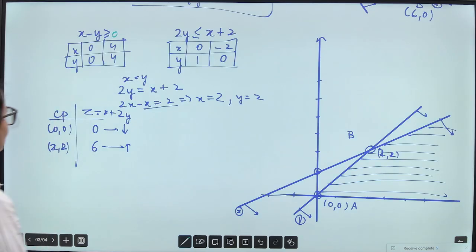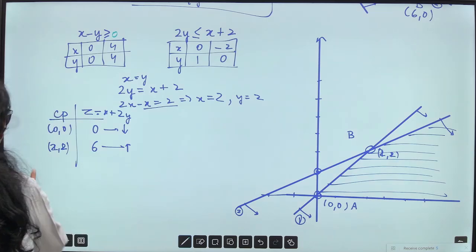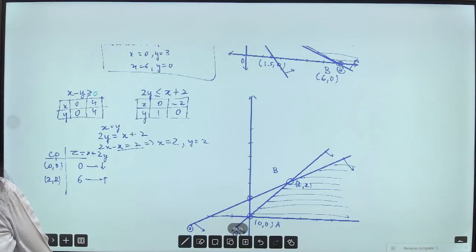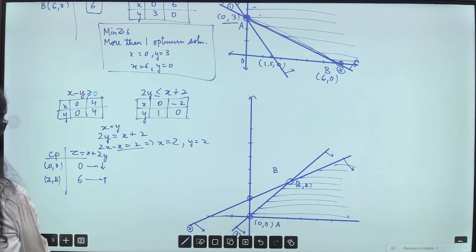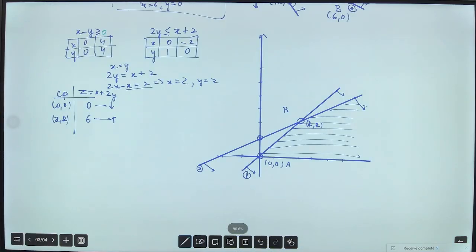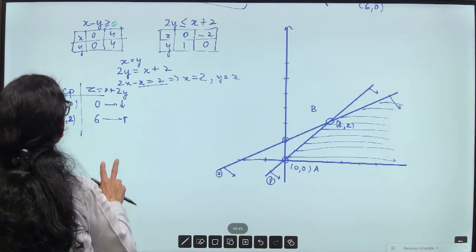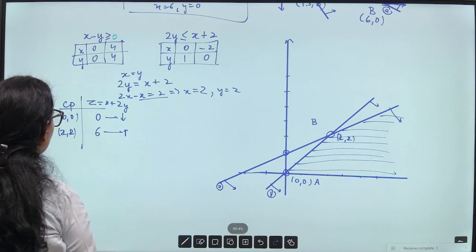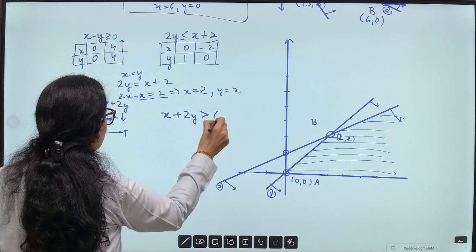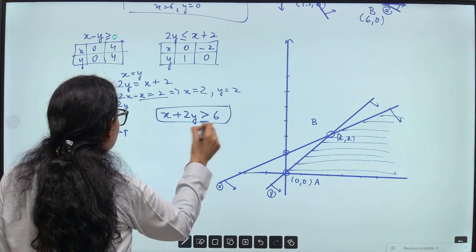For this, we need to plot the graph of the objective function also. The question was to maximize, so we need to plot the graph for x plus 2y greater than 6. Maximizing means greater than here.